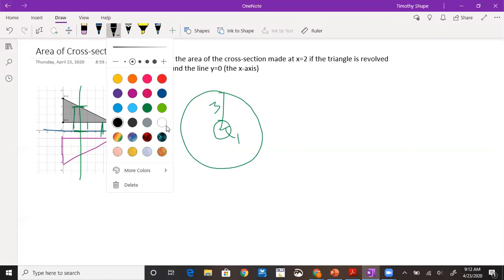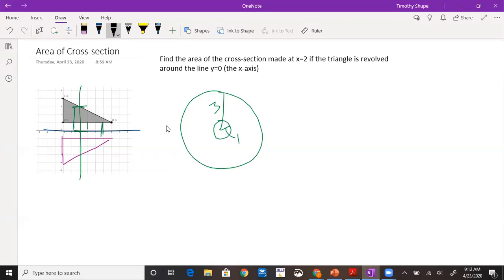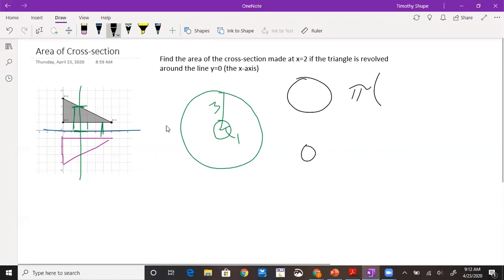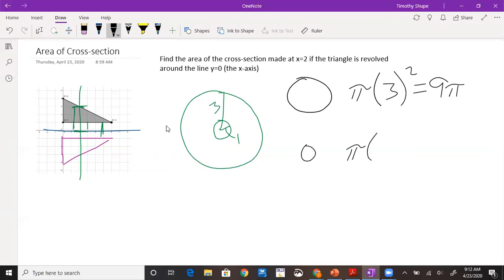So then if I want to find the area of the large circle versus the small circle, I'm going to say pi times the radius squared, so pi times 3 squared for the outer circle, so that's going to give me 9 pi for the area of that one. The smaller circle, I've got pi times the radius of 1 squared, so I end up with just 1 pi.